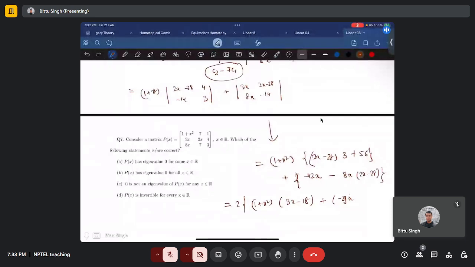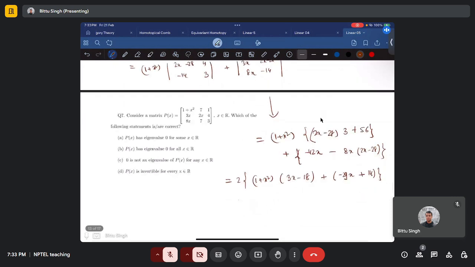That is minus 29x, and similarly plus 28, so it will give plus 14. So from here, the coefficient of x cube is the same as 3x into x square, so it is times 2, so it is 6, right? 3 times 2, it is 6.